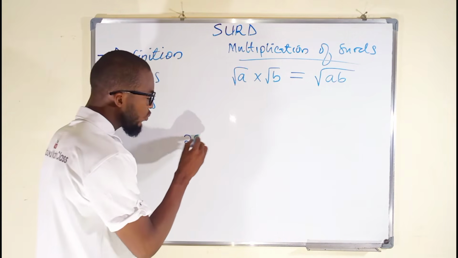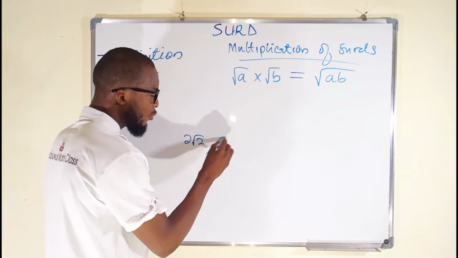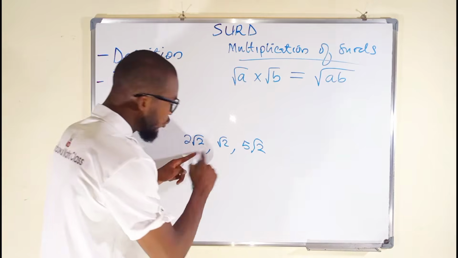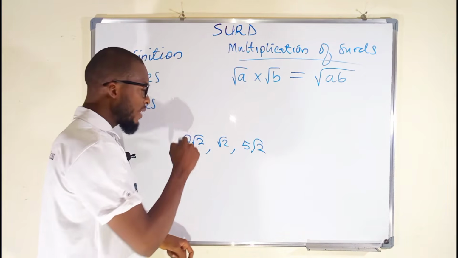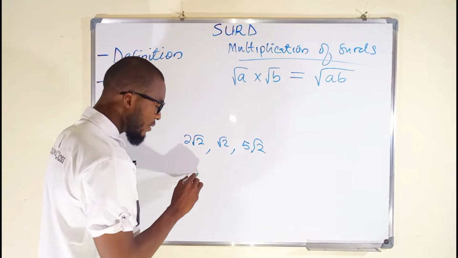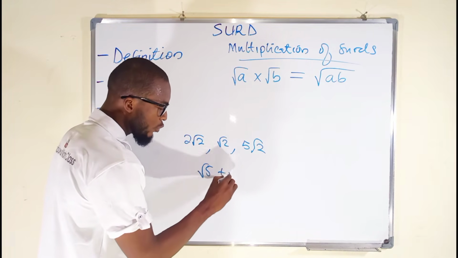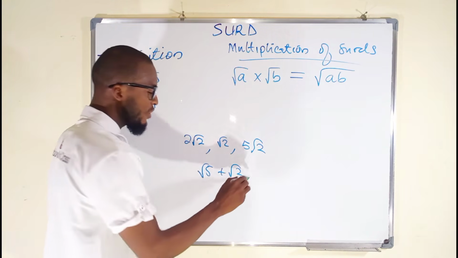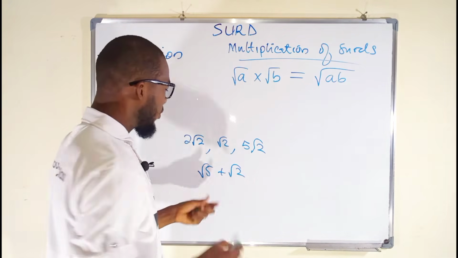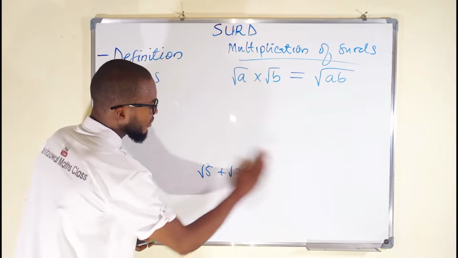Suppose we have 2 root 2 and root 2, we have 5 root 2. You can see the roots are the same, so they are said to be similar. You can add them. But otherwise, if you have root 5 plus root 2, they cannot be joined together. They will remain like this. I'm coming to this. I'll explain this in detail.